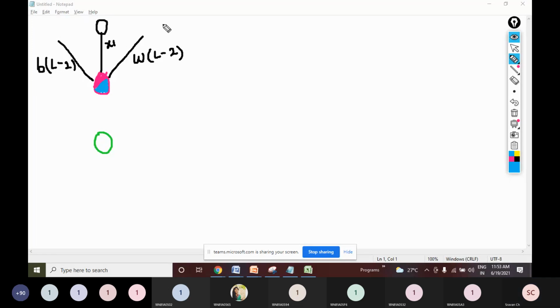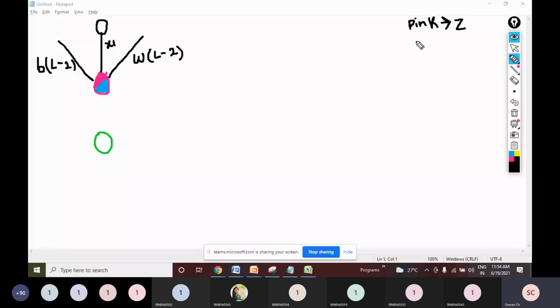So friends, let me write it here clearly. The pink part represents an operation which is represented with Z, for our convenience.